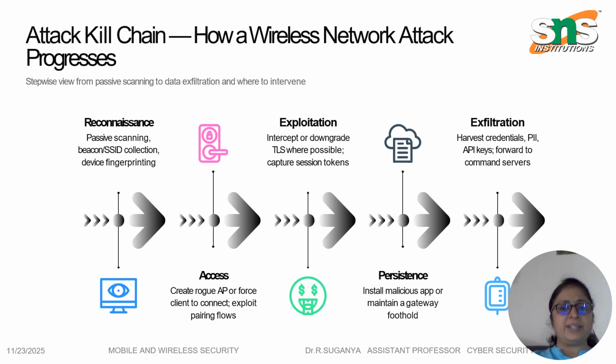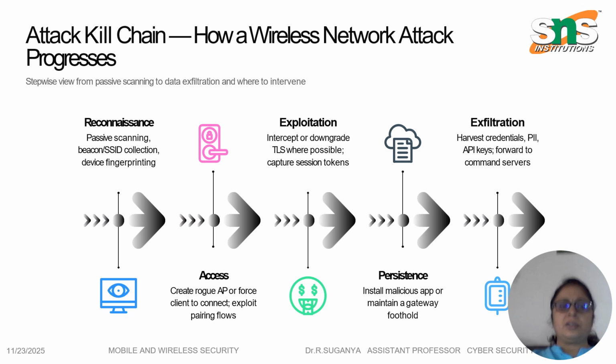And exfiltration is when data is forwarded to the server; application keys and infrastructure keys can be stolen. So data breaches happen, right? This is how a wireless network attack progresses.